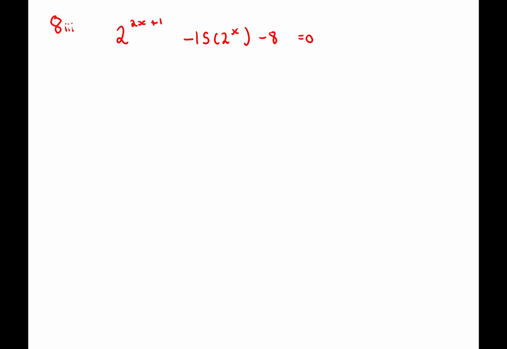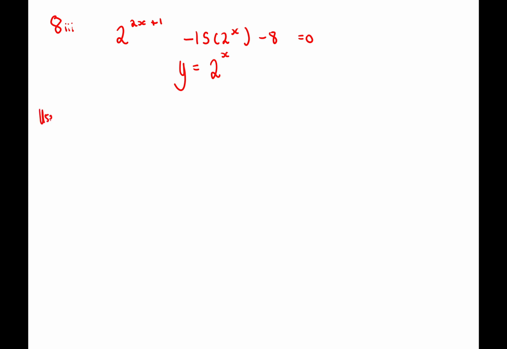Alright, so we're setting up in the same way. Make sure all of your terms are on one side of the equation, which they are. Then you have 1, 2, 3 terms. So if you have 3 terms, call your middle term y. So y is equal to 2 to the power of x.